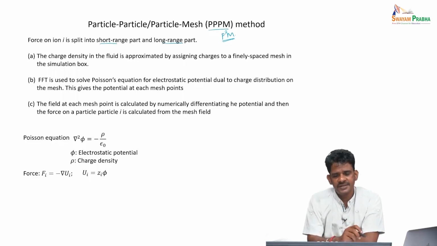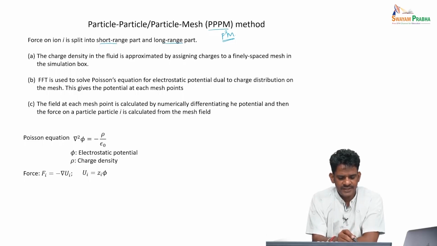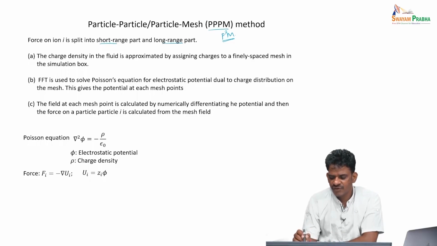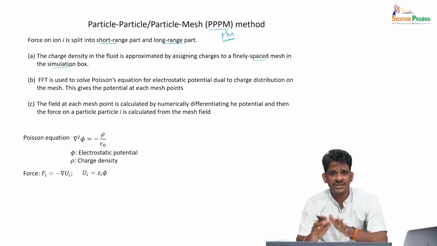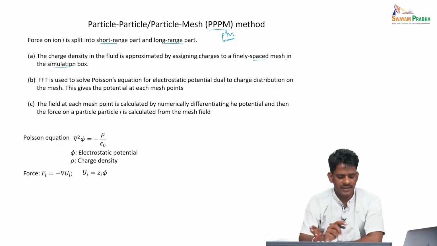In the P3M method, the charge density of the simulation fluid is approximated by assigning charges to a finely spaced mesh in the simulation box. That means the spatial domain of the simulation box is discretized into a fine mesh, and then we embed charges on those meshes, and then we use the fast Fourier transform method to solve the Poisson equation for the electrostatic potential due to the charge distribution on the mesh.